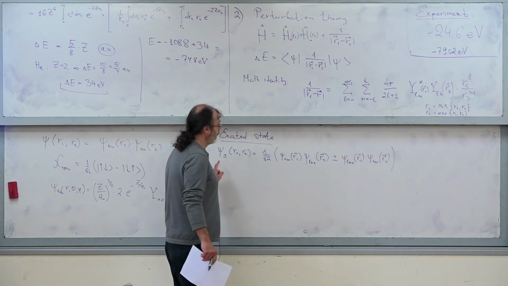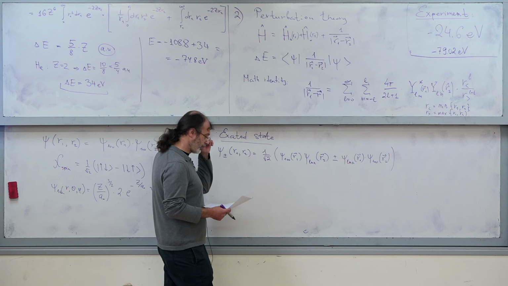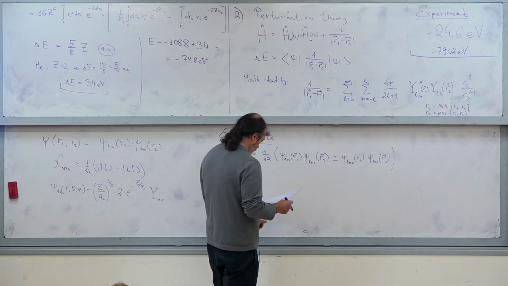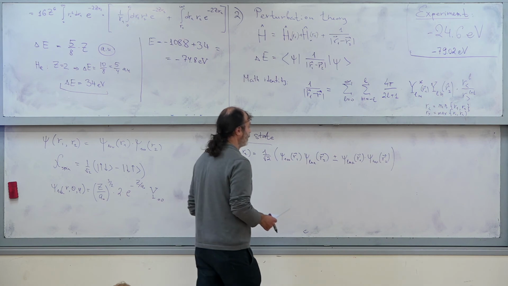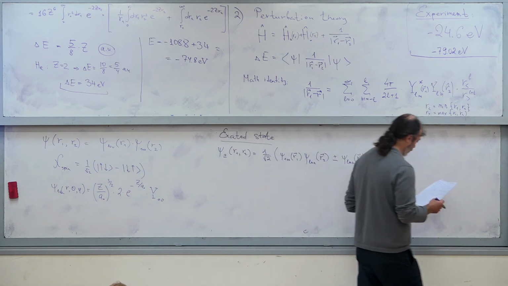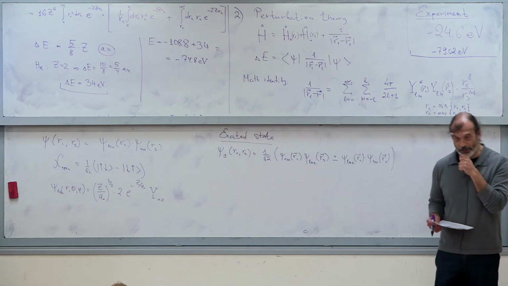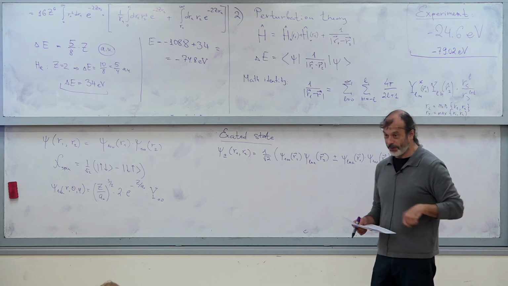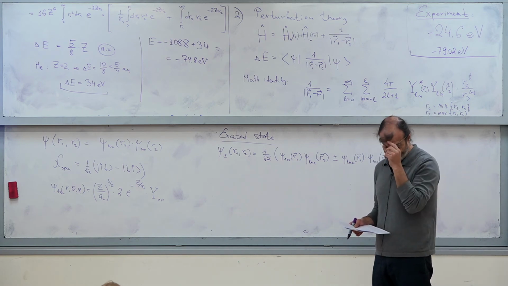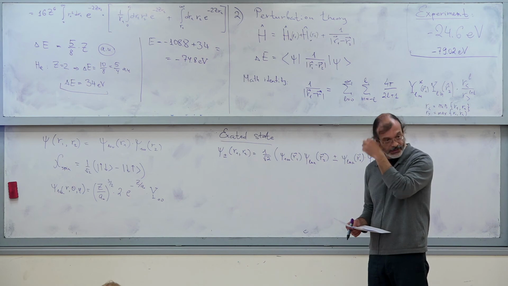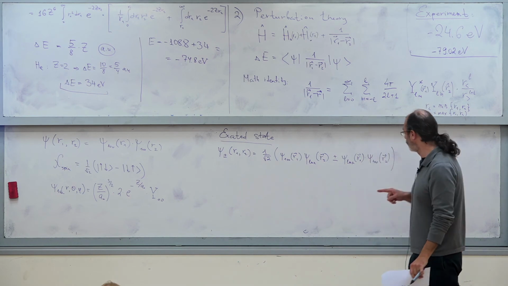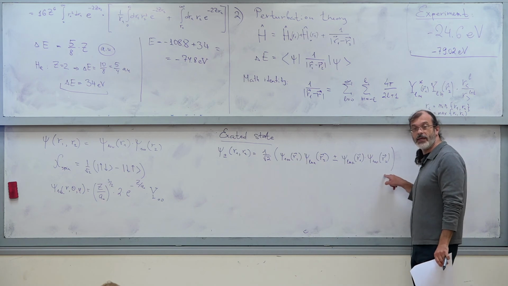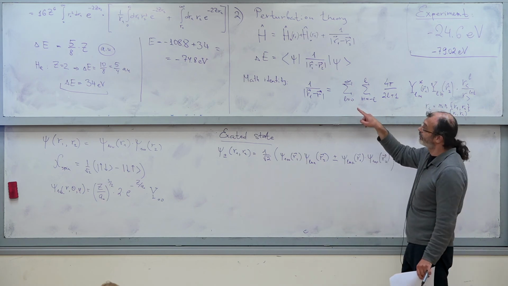Okay, so now we can get this wave function, right? And now we can calculate, according to perturbation theory, the energy of this excitation. It's less crazy to go to perturbation theory in this situation than it was for the ground state.